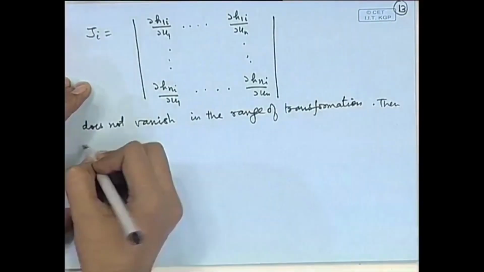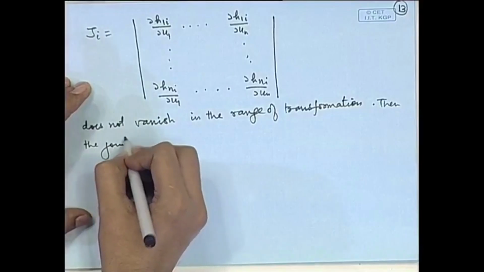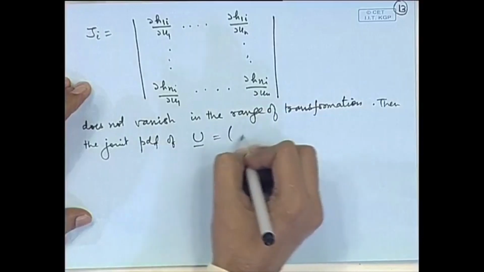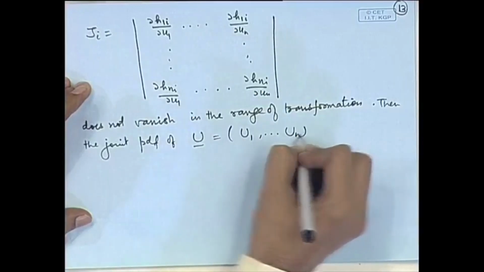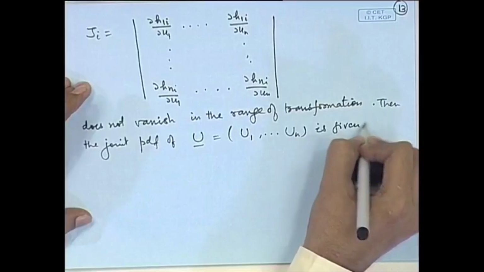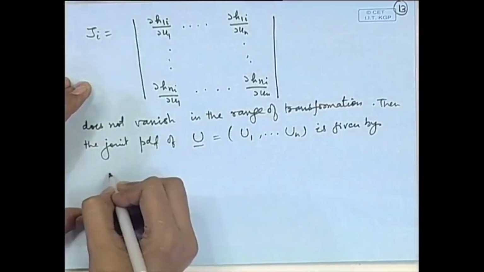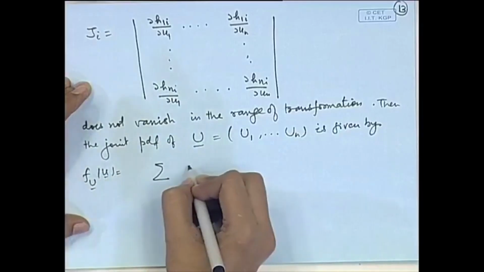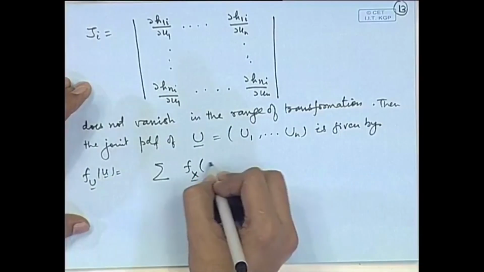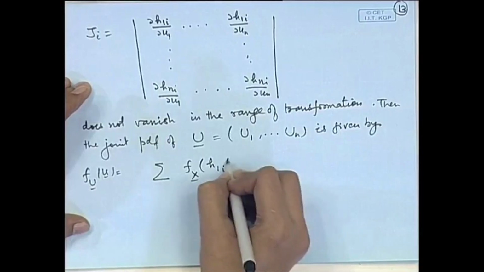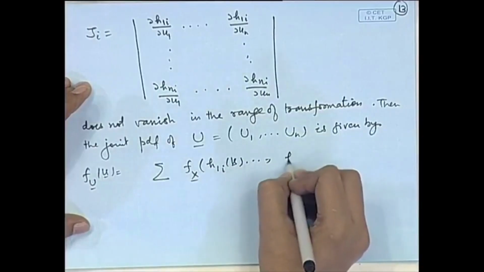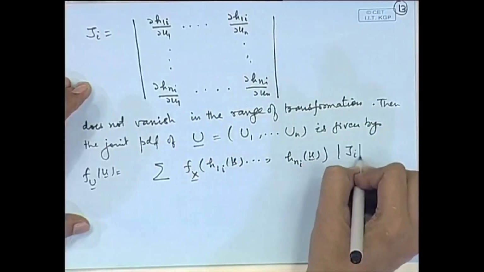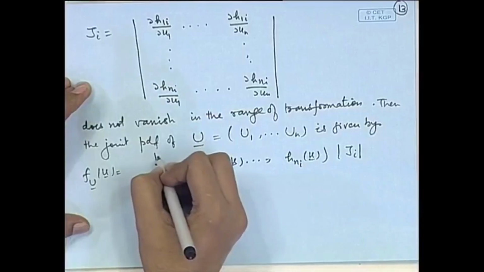Then the joint PDF of U equal to U1, U2, Un is given by f of u is equal to sigma f of x, h1i of u and so on hni of u, multiplied by the absolute value of the Jacobian Ji, i is equal to 1 to k.